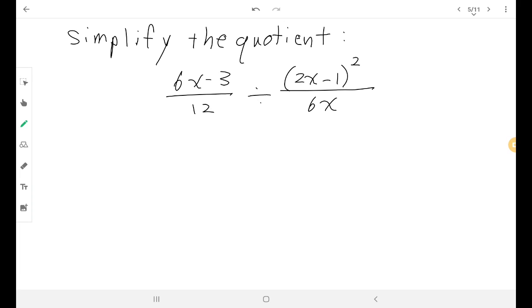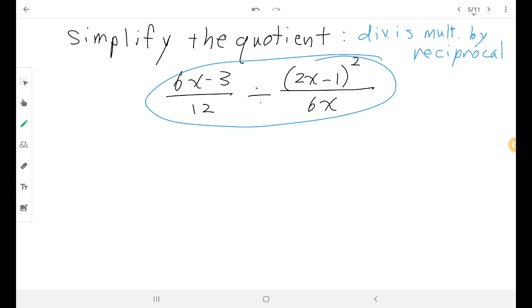Let's try another one. This time we're going to throw division into it. But division is just a form of multiplication, okay? Division is multiplication by reciprocal. And what that means is that to turn this problem into a multiplication problem, I can use, there's a mnemonic for this.